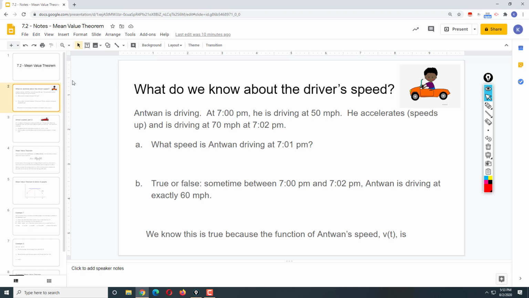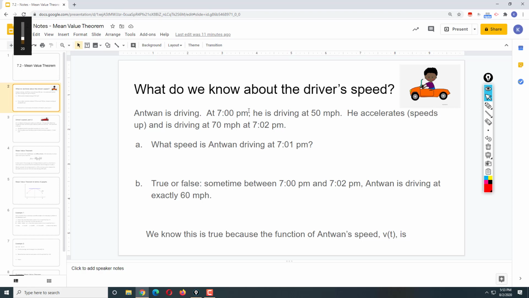He is speeding up, and he is driving at 70 miles per hour at 7:02 p.m. So again, at 7, he is driving at 50 miles per hour. At 7:02, he is driving at 70 miles per hour.